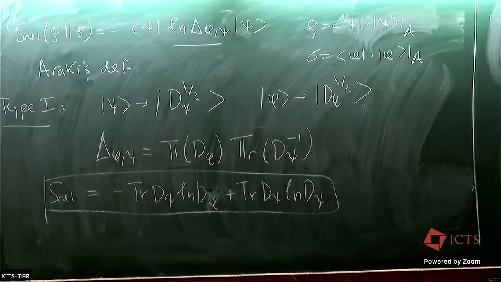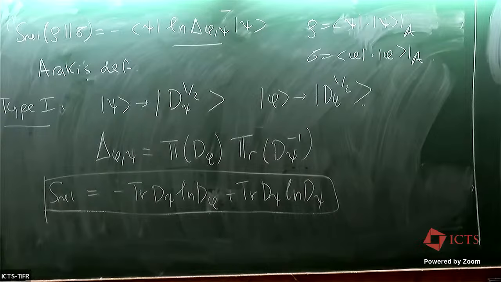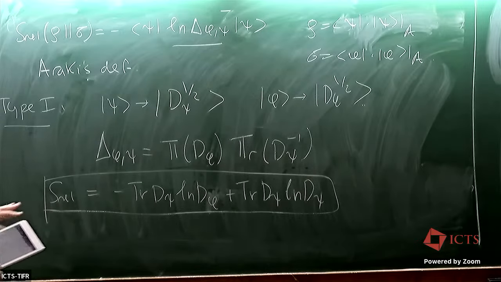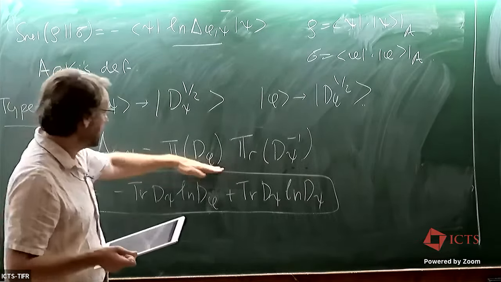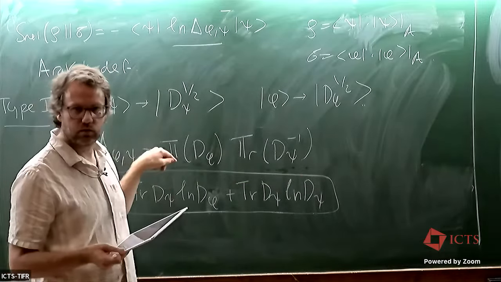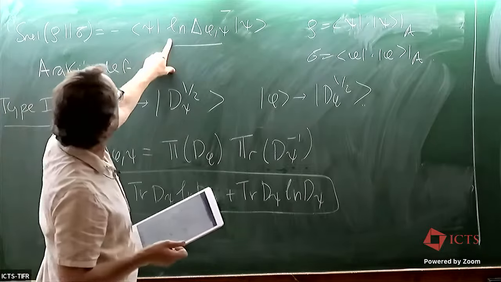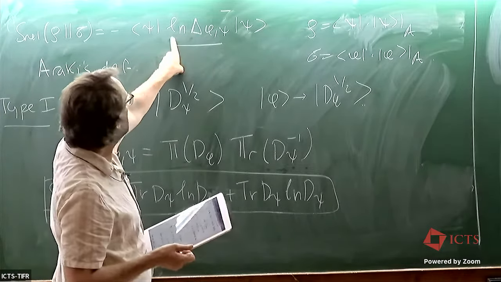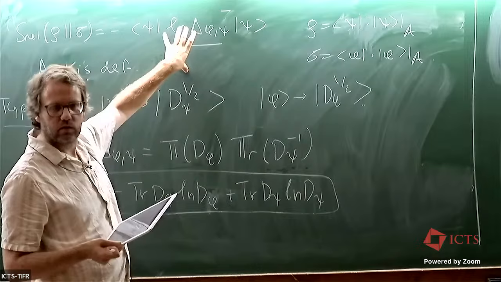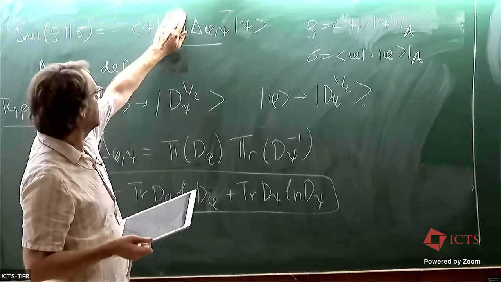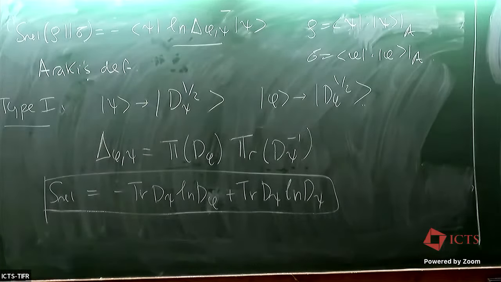Okay, good. So is that delta phi psi positive? Yeah, it's positive, because it's the product of two positive operators that commute. The log makes it not positive. No, I'm asking about the delta phi psi. Oh, yeah, it's positive. This is this polar decomposition.